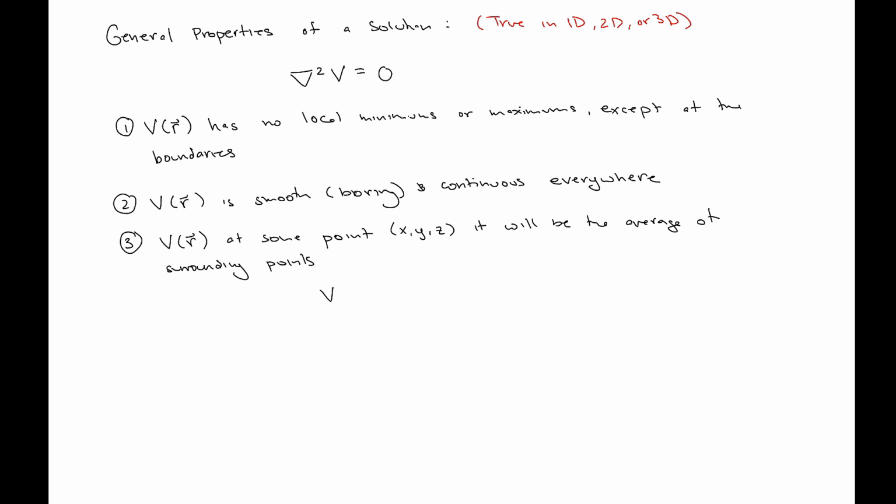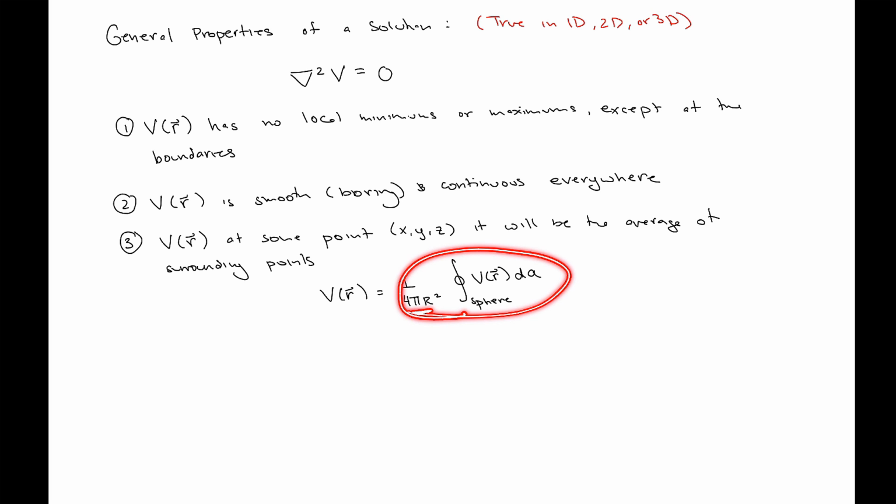The fancy math way of writing that is to say that I can take a surface integral over a sphere, and we're going to multiply the potential along that sphere times our area elements, and then divide it by the total area of the sphere.